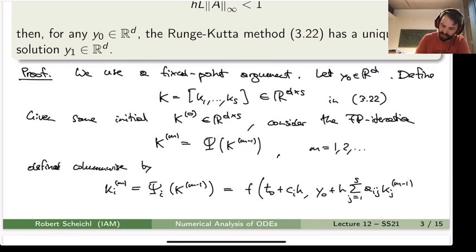Okay, so highlight this. Here we stick in the m minus first argument, and here we have the mth argument.